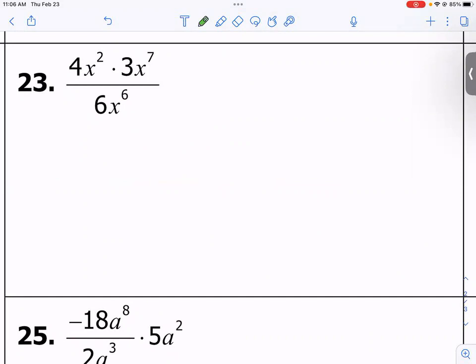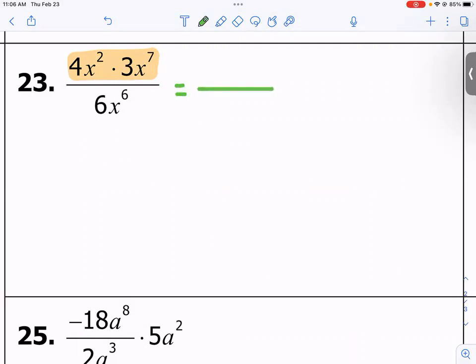What do you think we should do? I think it's going to be a lot easier if we multiply our numerator so that it's just one term, and then we can do the division. So let's go ahead and do that. Let's take this numerator and multiply it out.